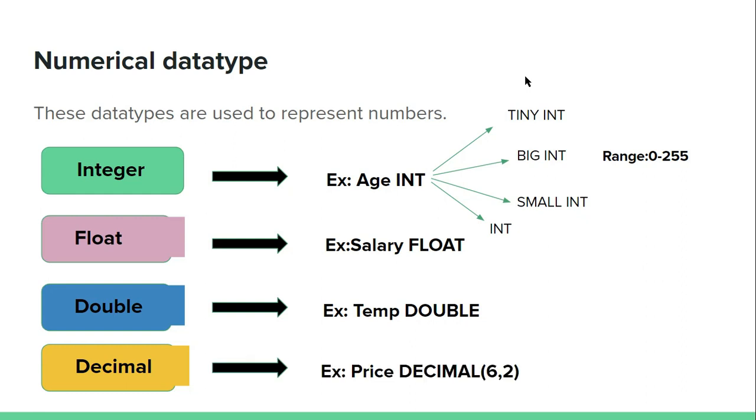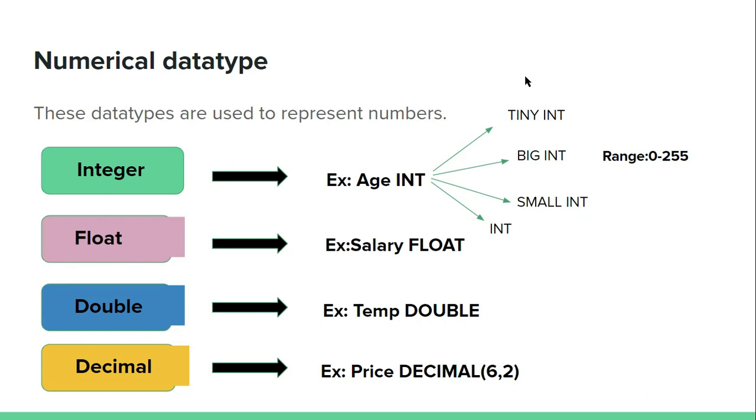It is represented as price decimal(6,2). The decimal data type is used to store a fixed point decimal with exact precision. The two parameters specified in the parentheses represent the total number of digits, which is 6, and the number of decimal places required, which is 2.